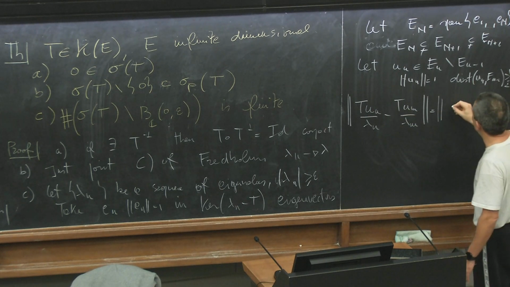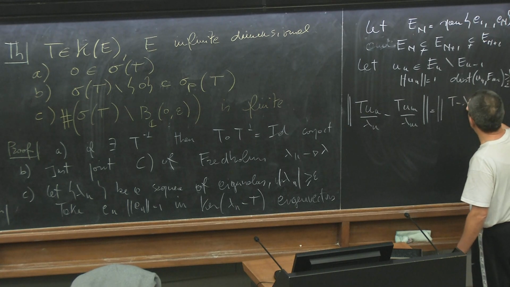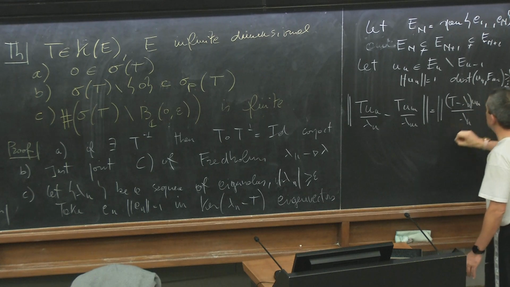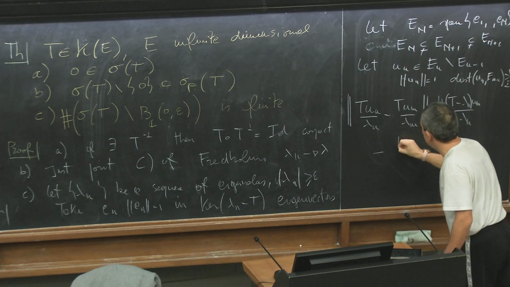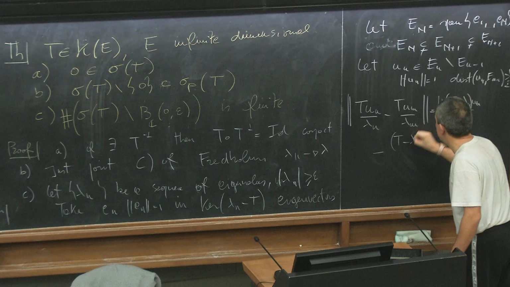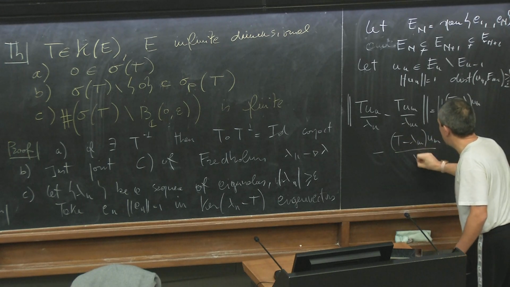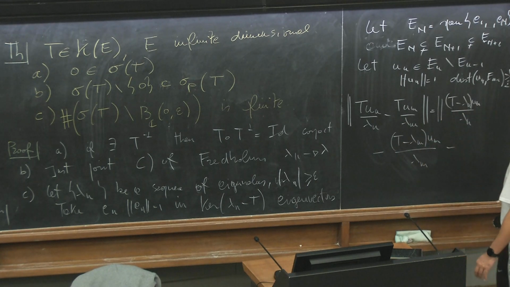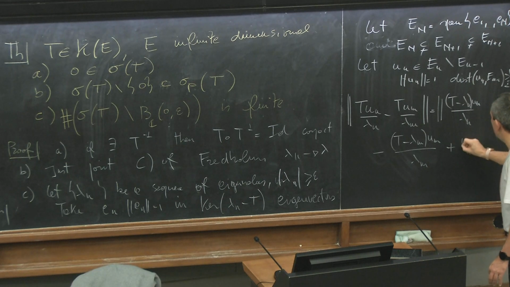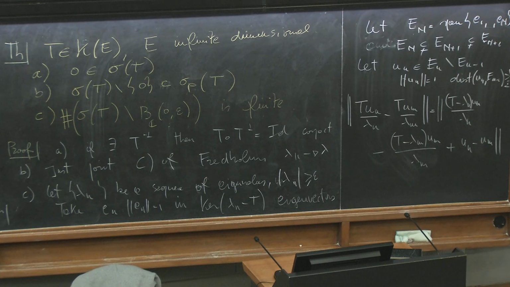Okay, and then as we did before, I rewrite it as the sum of the quantities: T minus lambda n UN over lambda n, minus T minus lambda m UM over lambda m. And what is left is UN minus UM. And now the reason is the same.